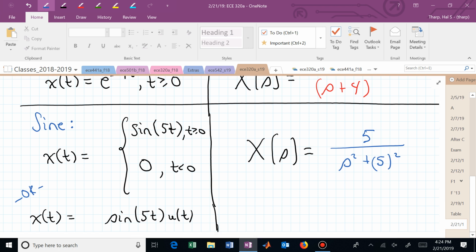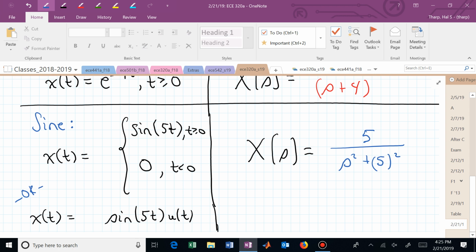This is now the Laplace transform of this waveform, and I could have written it as sine 5t u of t. I've used the unit step as the switch. The only time this sine of 5t will be active is when this u of t is 1, and that occurs only when t, the argument of that unit step, is non-negative, when t is greater than or equal to 0.